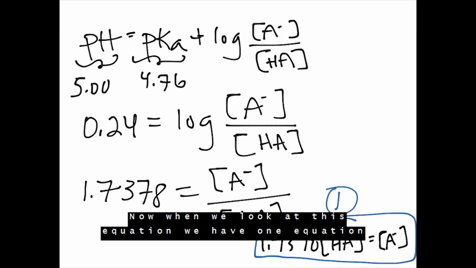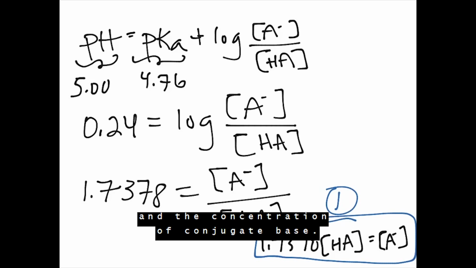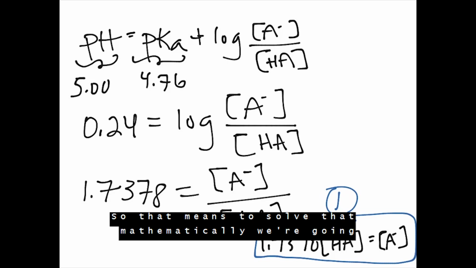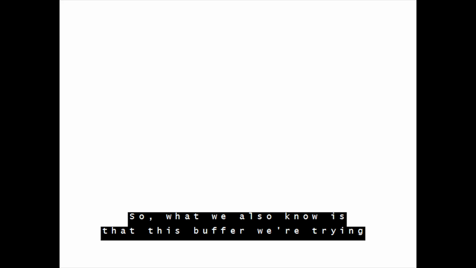Okay. Now when we look at this equation, we have one equation, but we have two unknowns, the concentration of weak acid and the concentration of conjugate base. So that means to solve this mathematically, we're going to need a second equation. So what we also know is that this buffer we're trying to make has to have a concentration of 0.15 molar.